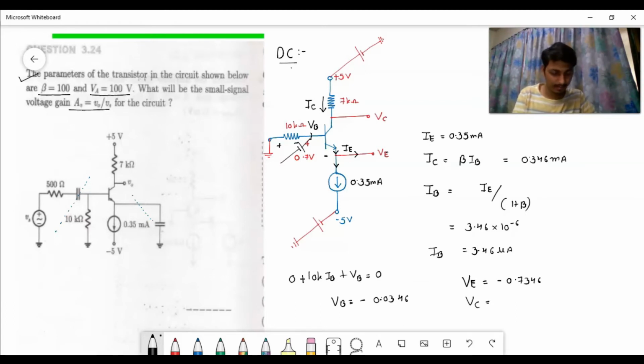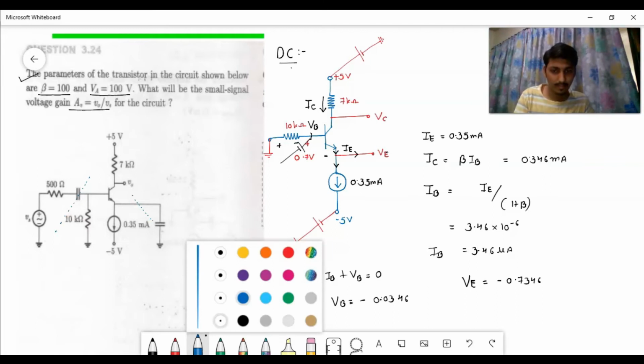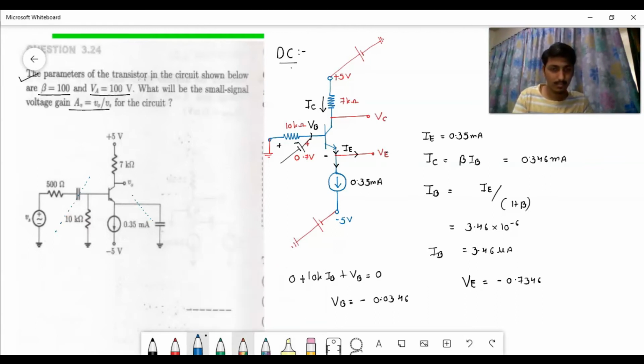And if we switch to VC, the current here is IC, and 5 volts positive. I am solving this equation here for VC. 5 minus 7k IC minus VC equals 0.